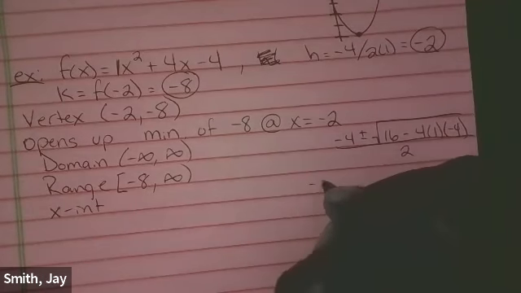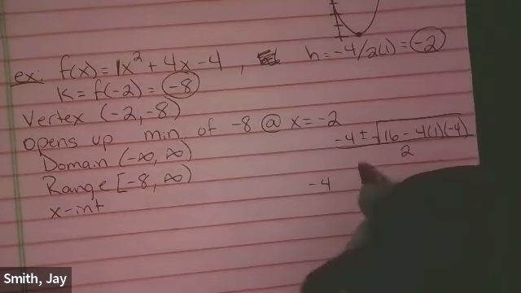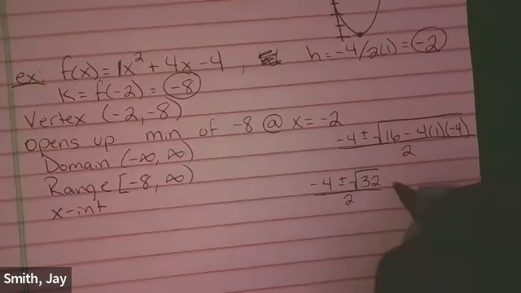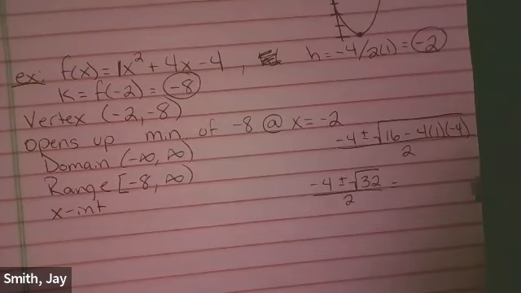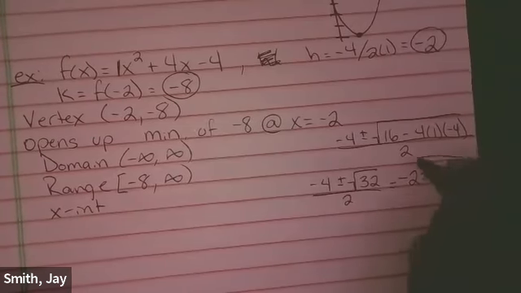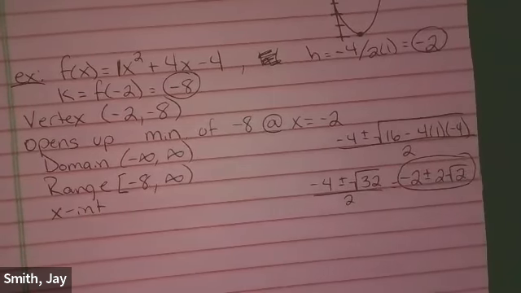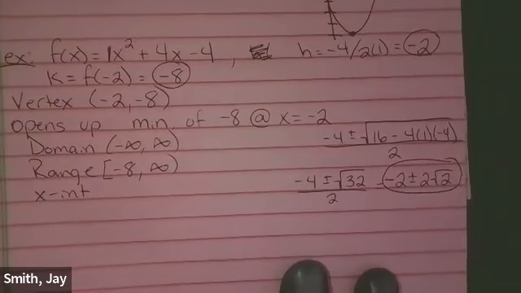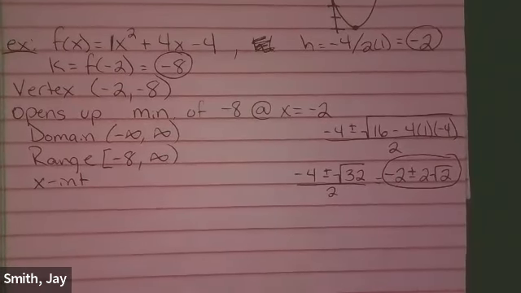So that's going to give me negative 4 plus and minus the square root of 32 divided by 2, or negative 2 plus and minus 2 square roots of 2. All right, once again, if you're using the calculator, it's going to give you negative 2 plus and minus a non-repeating, non-terminating decimal.